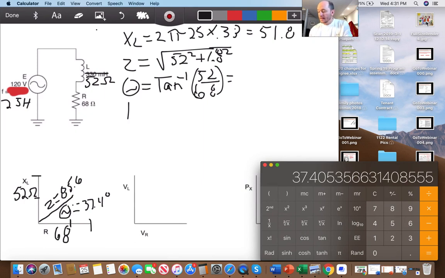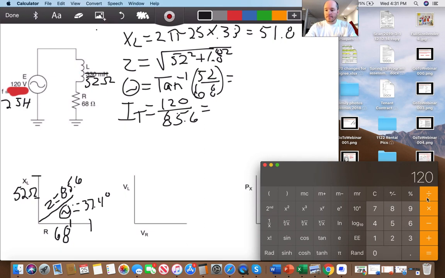The next thing we need to do is calculate that I total, which we predicted should go up, right? So it'll be 120 divided by 85.6. Let's go ahead and type this in.